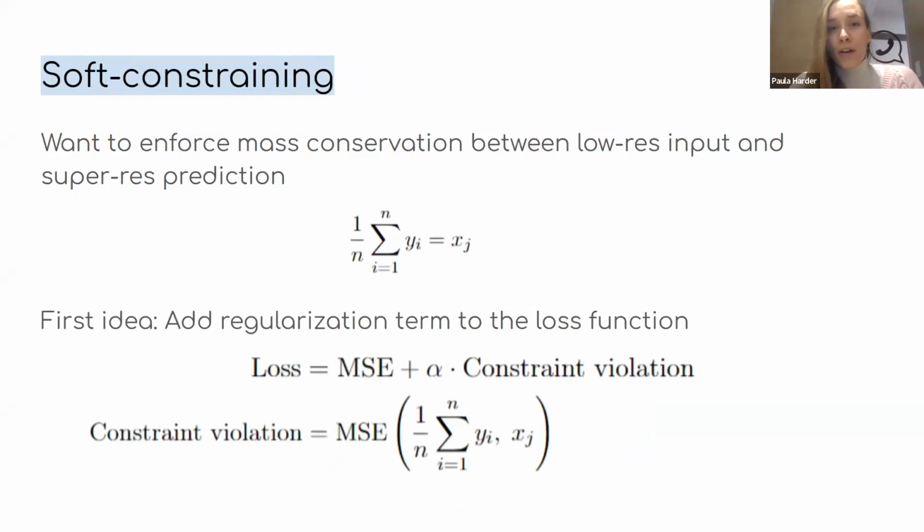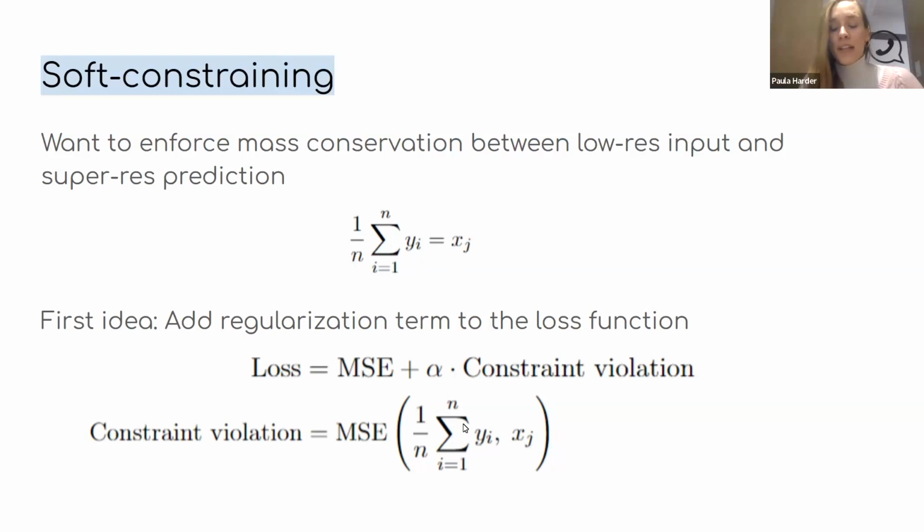So I think a very common idea, the first thing that people think about, is that we can add that as a loss term, as an additional regularization term. So for example, we have a standard MSE loss, and then we would just add a constraint violation term with some factor alpha, and the constraint violation would just be some distance metric between what we want this to match, xj.